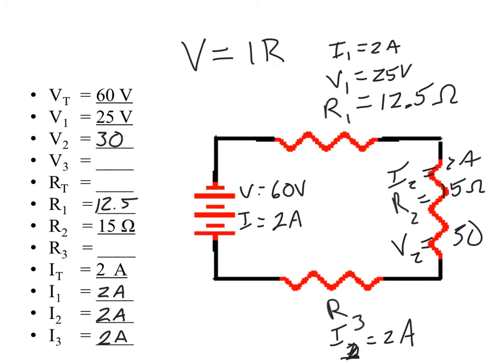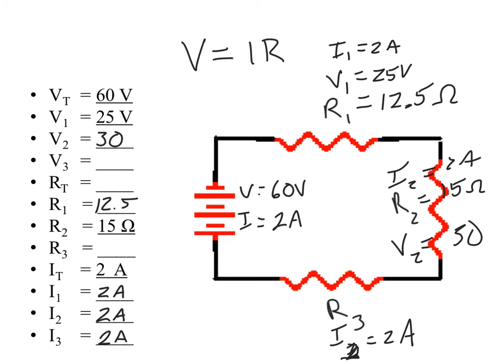Now, with R3, I don't know voltage and I don't know resistance. So I only know one thing. I know the current. But I know that my total voltage has to add up, right? That was that equation for a series circuit. The total voltage in a series circuit is V1 plus V2 plus V3.